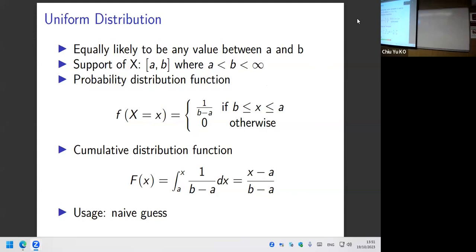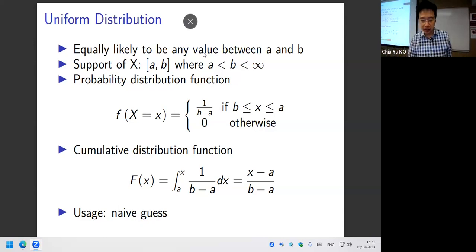So that's why it must be flat, because the area under the f is the probability. Any interval, as long as the length is the same, has the same probability.